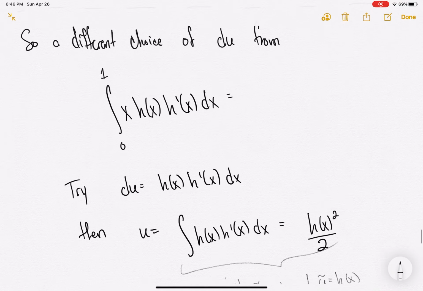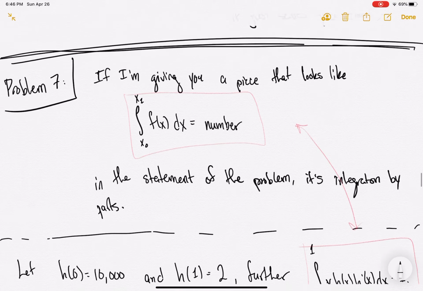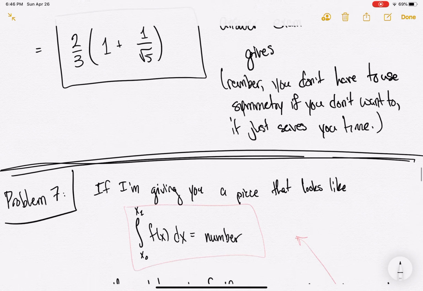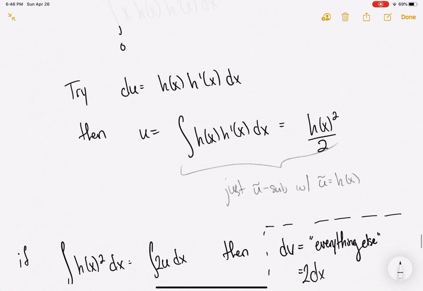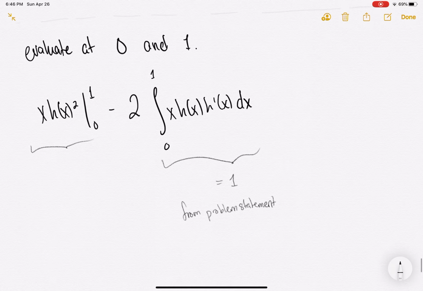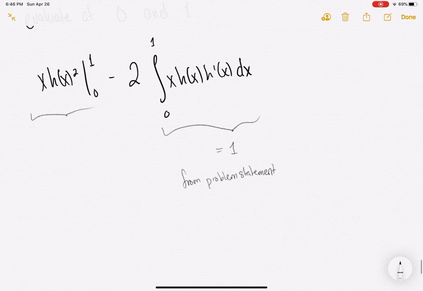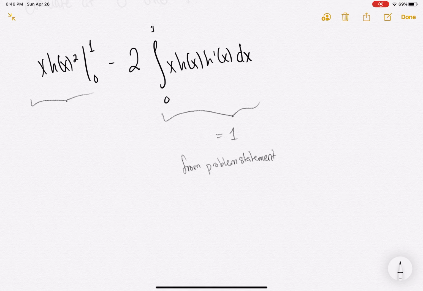And over here, remember, h of 0 is 10,000 and h of 1 is 2. So if h of 1 is 2 here, this is 1 times h of 1 squared minus 0 times h of 0 squared. So that term's gone.